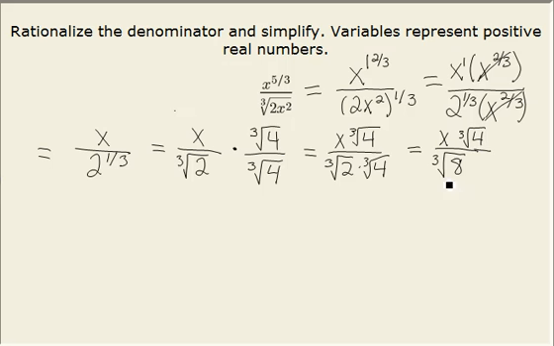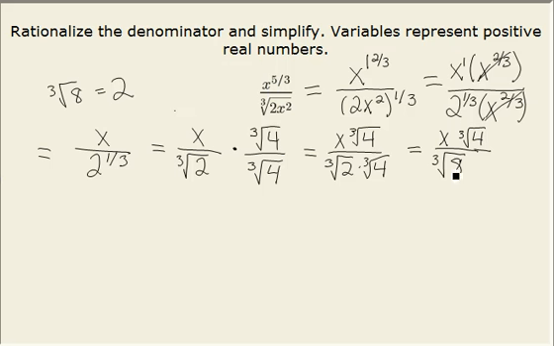Now notice I used this cubed root of 4 in the beginning because I knew that this cubed root of 8 equals 2. So I wanted to make my denominator not be a radical.